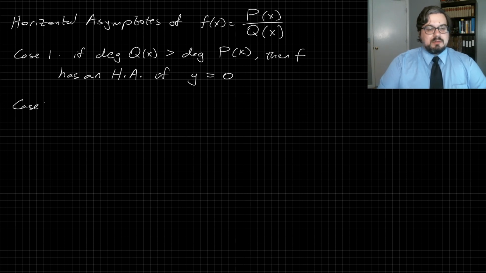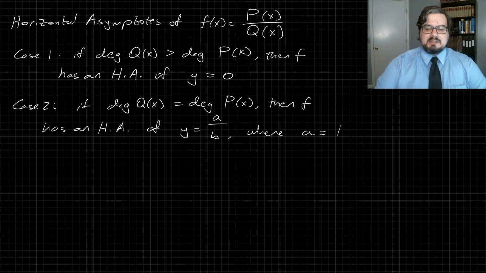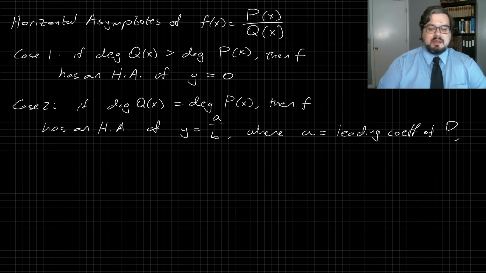Case 2, if the degree of q of x is equal to the degree of p of x, then f has a horizontal asymptote of y equals, I'll say a over b, where a is the leading coefficient of p and b is the leading coefficient of q.